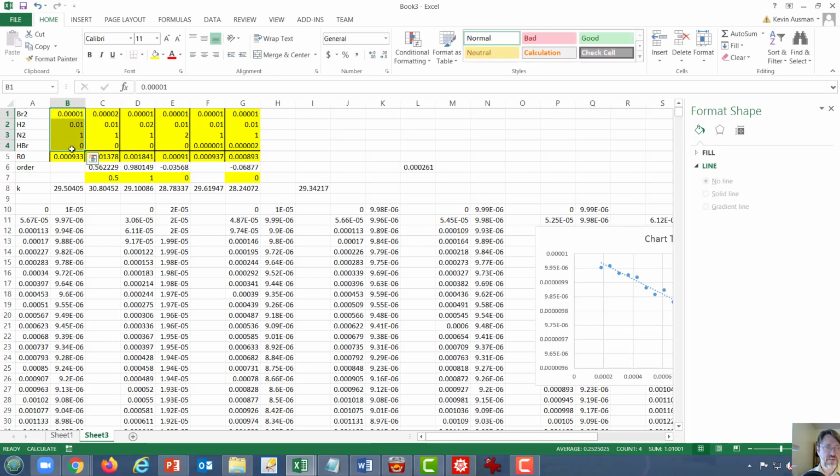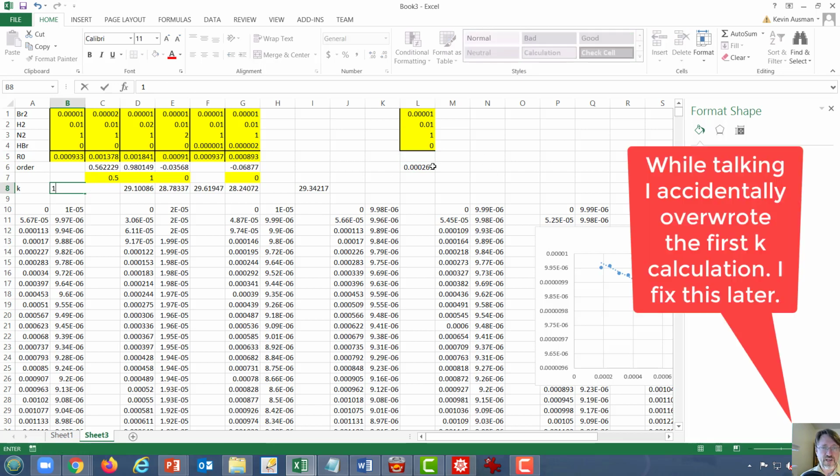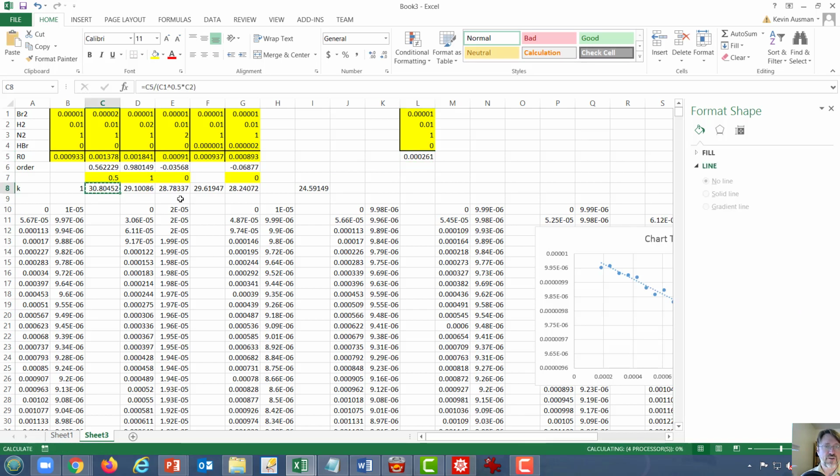Select, copy, paste. I put that in the wrong place, so I'm going to move it right here. The reaction orders won't have changed, so our k expression here is going to be the same as that.